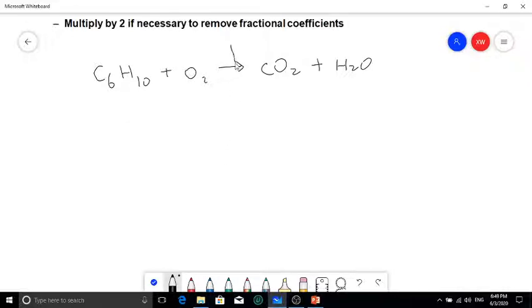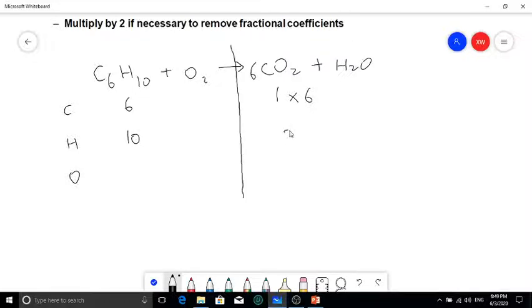Now when balancing the equation, list out all the elements, and make sure oxygen, or any single element, is the last one. So carbon here is 6. Over here, 1. So you need a factor of 6. Hydrogen, there are 10 hydrogens.